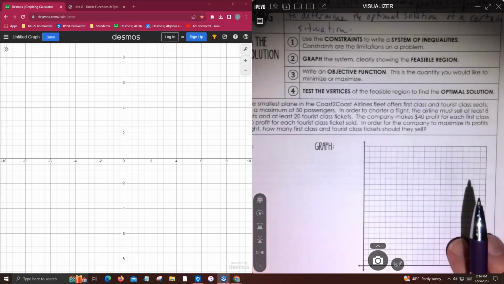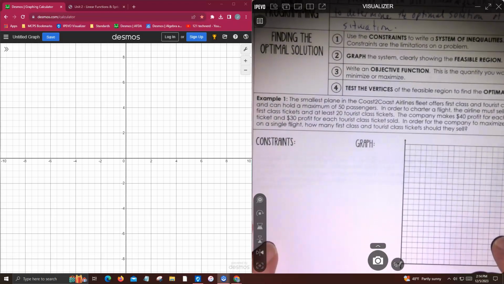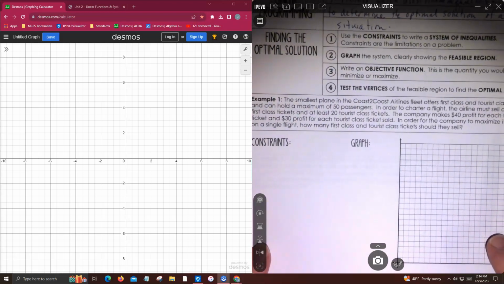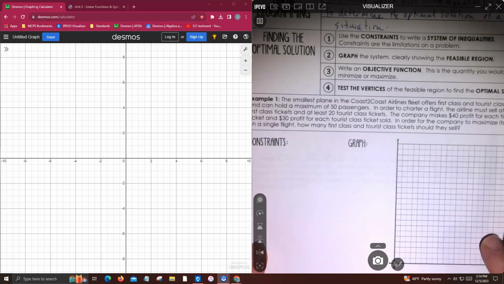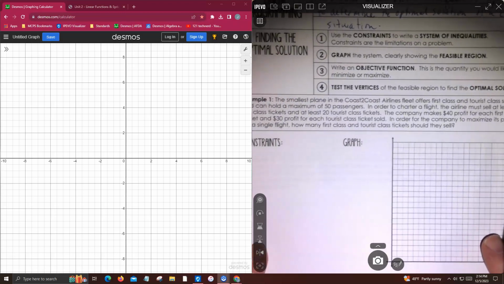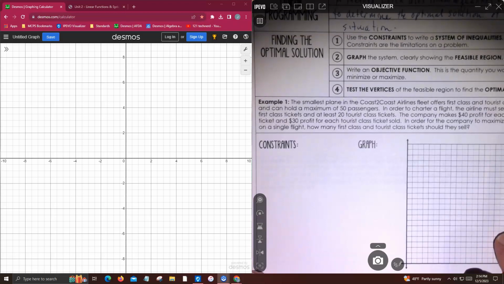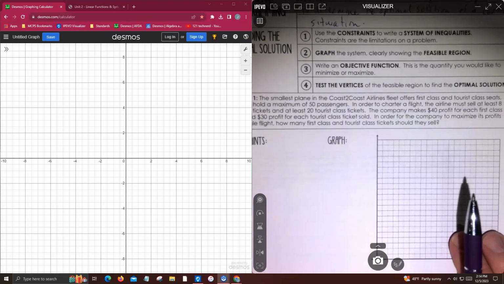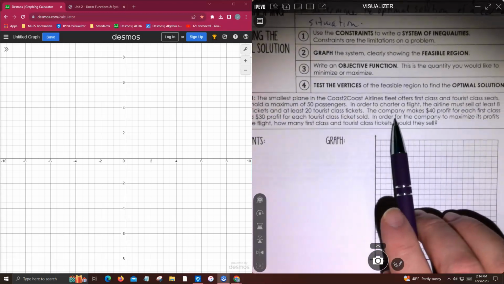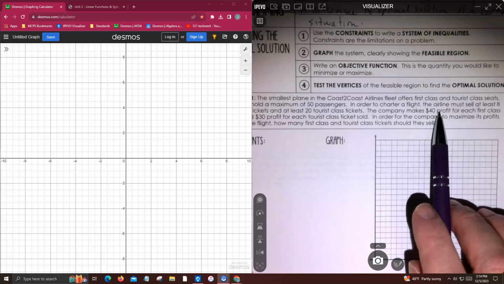The company makes $40 profit for each first class and $30 profit for each tourist class. In order for the company to maximize its profits on a single flight, how many first class and tourist class tickets should they sell? All right, so that last part, we're talking about maximizing their profits.